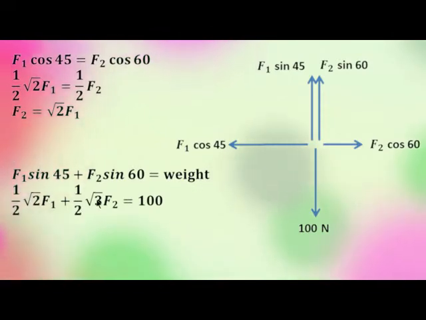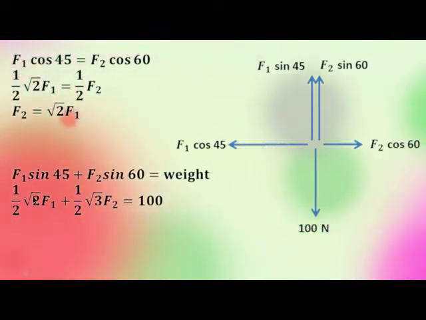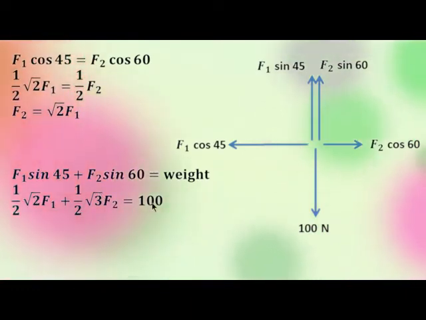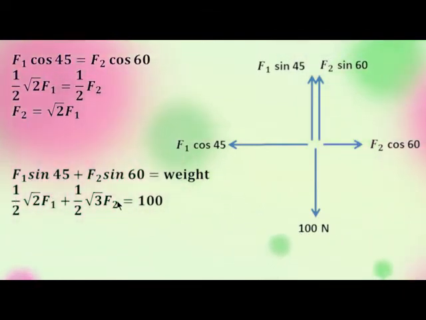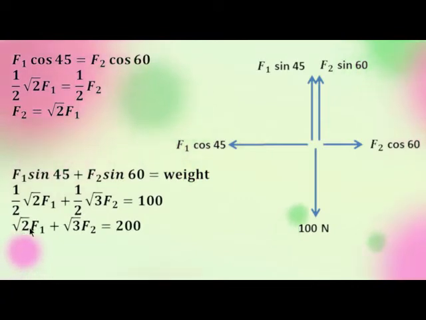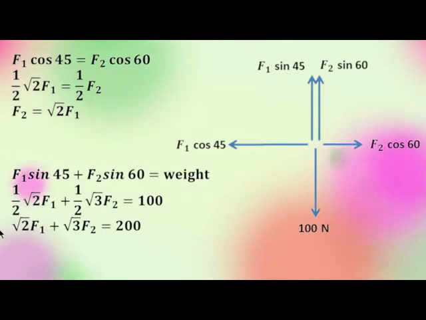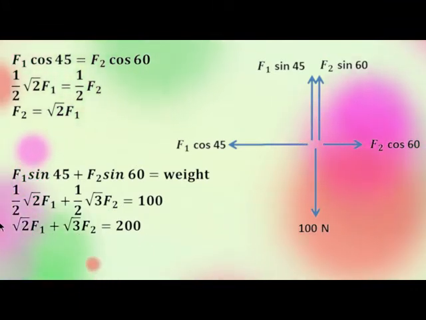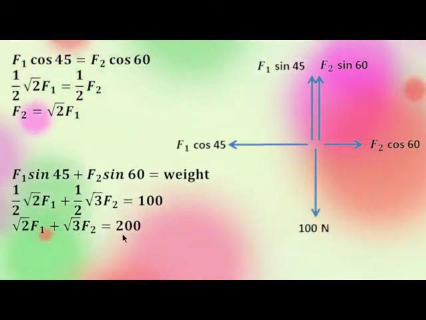We substitute the values of the sine, so a half of square root of 2 F1 plus a half of square root of 3 F2 equals 100. The weight is 100. We multiply this equation by 2 and find square root of 2 F1 plus square root of 3 F2 equals 200. This is the second equation that represents the forces on the y-axis.